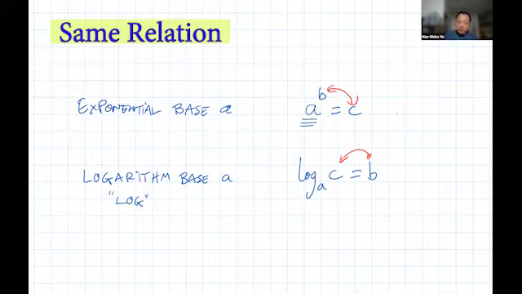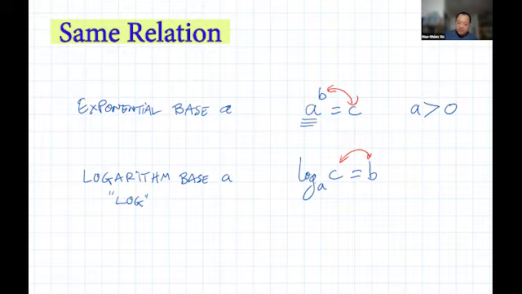So for exponential function, we have been defining it as a greater than 0. If the base of exponential has to be positive, then the base of logarithm is the same a, so it also has to be positive. Second of all, since a is positive, you take a positive number, you raise it to a power b, the answer will be positive.